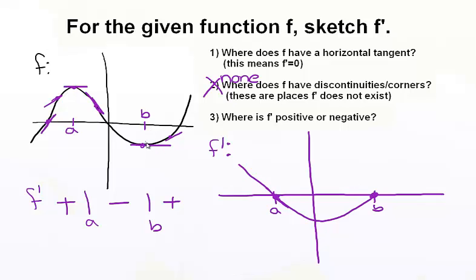And then the same thing happens to the right of B. So we're going to start with positive derivative values to the right of B, and they're going to get a little bit larger because we get a steeper slope over here, steeper slope as we're getting farther away from B. So there's your graph of f prime.